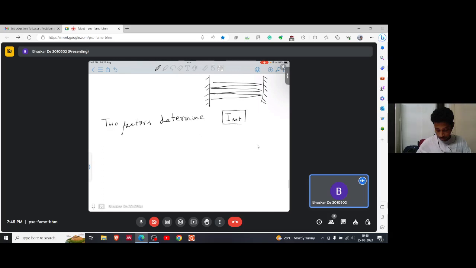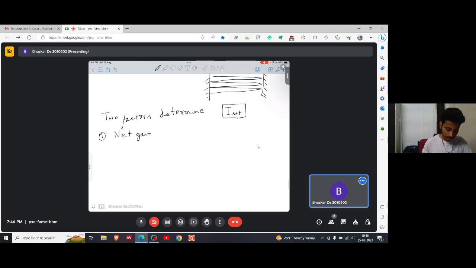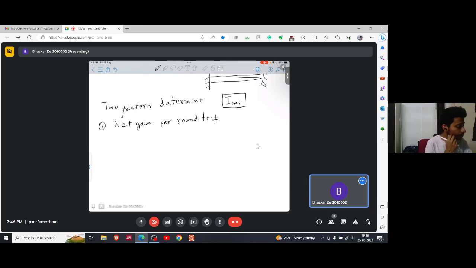So I set is the saturation intensity. So the first factor is net gain per round trip.